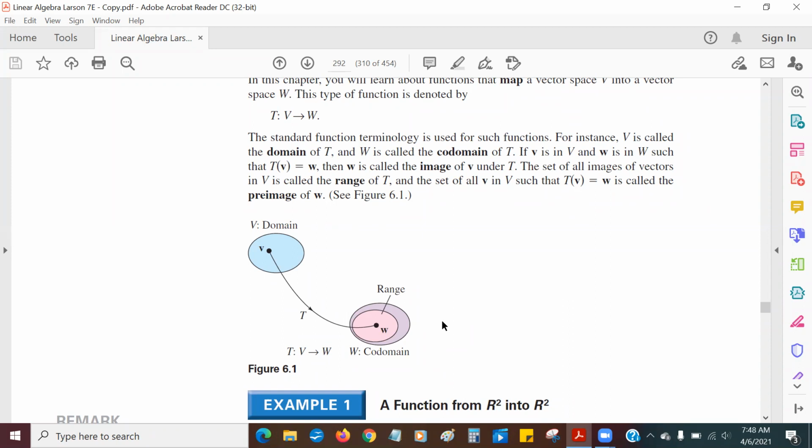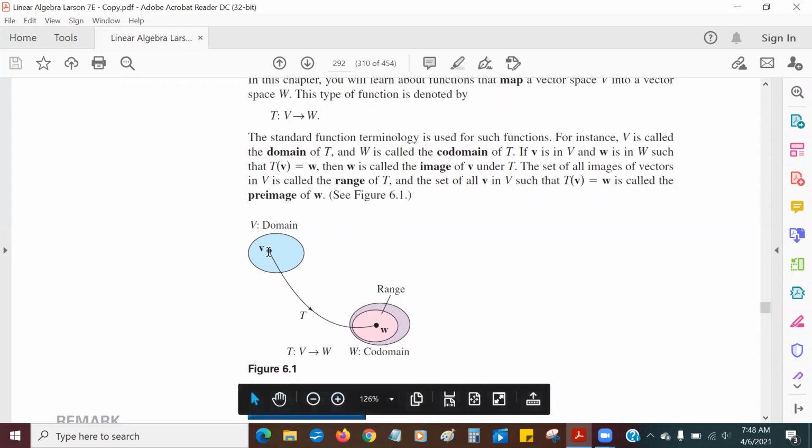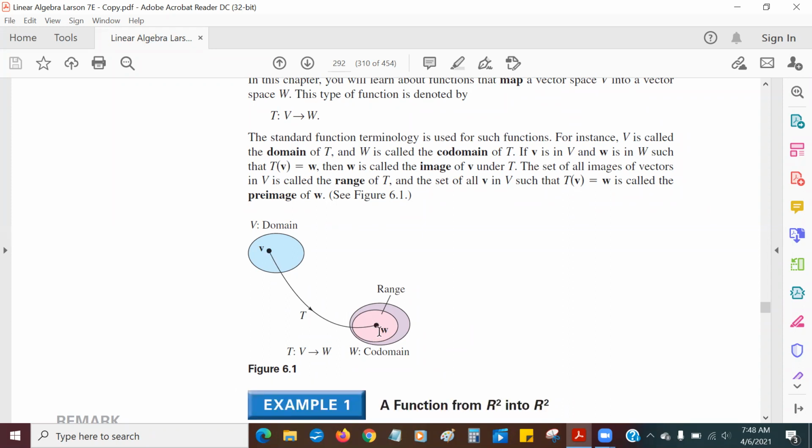Now, we start with a vector v, and we send it to a vector w. We call vector w the image of vector v, or we could say that vector v is the pre-image of w. It's two ways of saying the same thing.